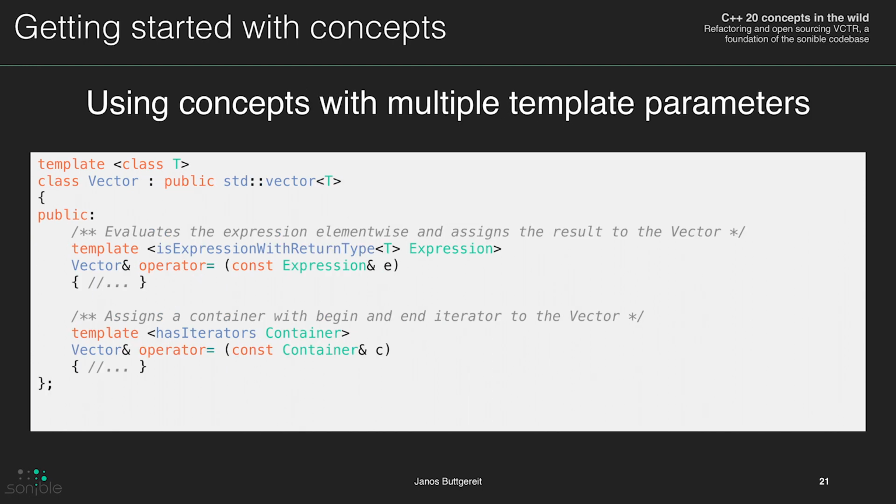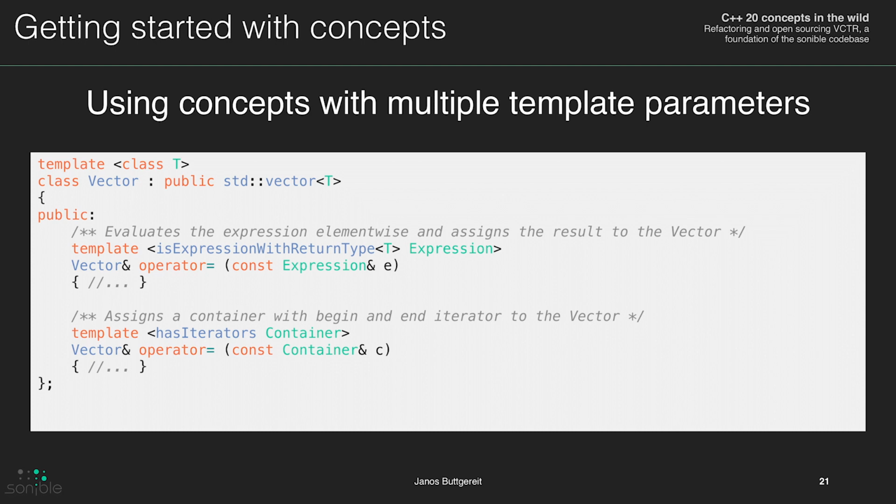So now our constraints look like this. Is expression with return type T. So T now is the element type of the vector. And T will actually replace the return type, the second template argument in this concept.